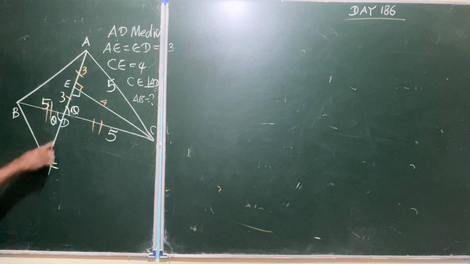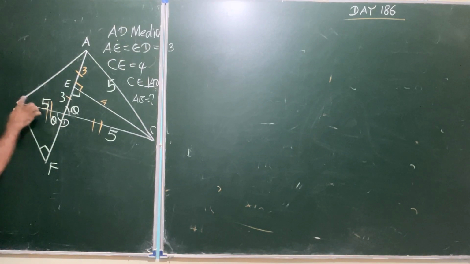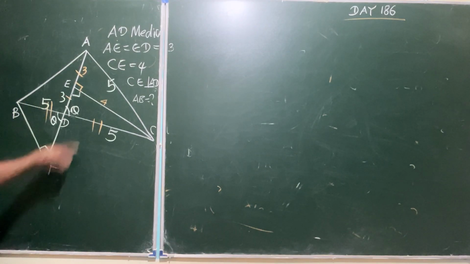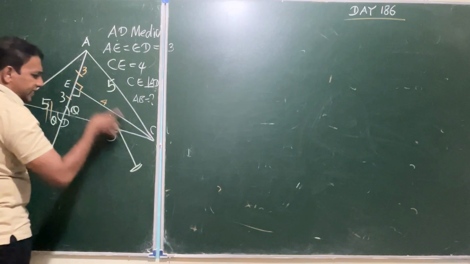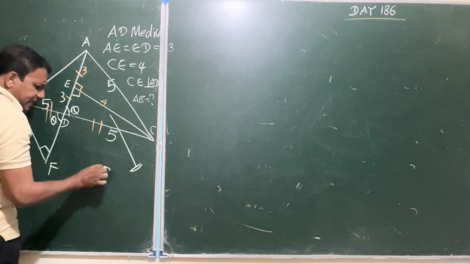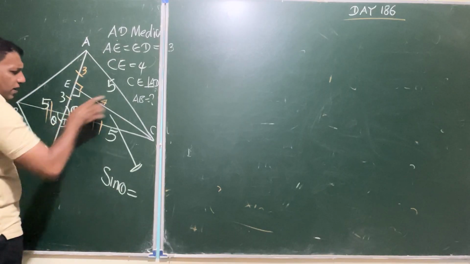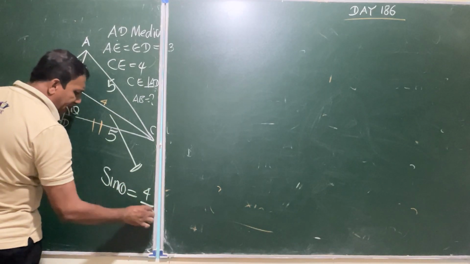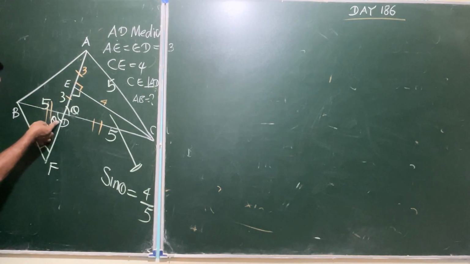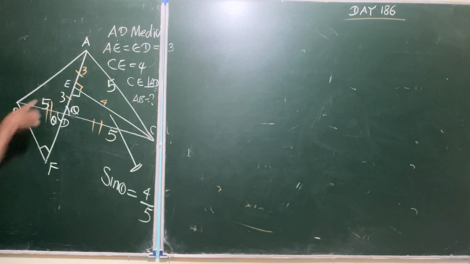This also is a right angle triangle. So in this triangle, what is sin theta? It is 4 over 5, the same sin theta here, 4 over 5.